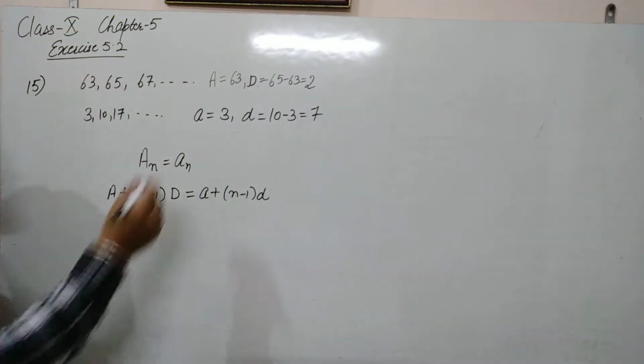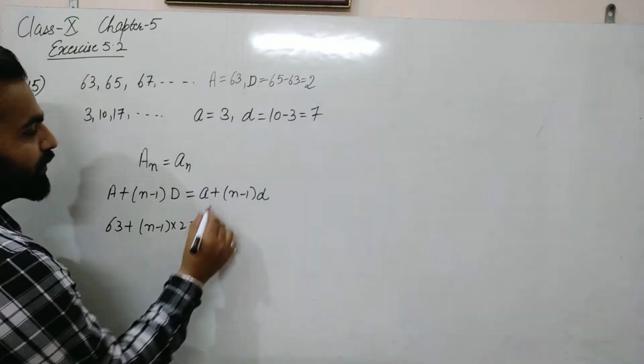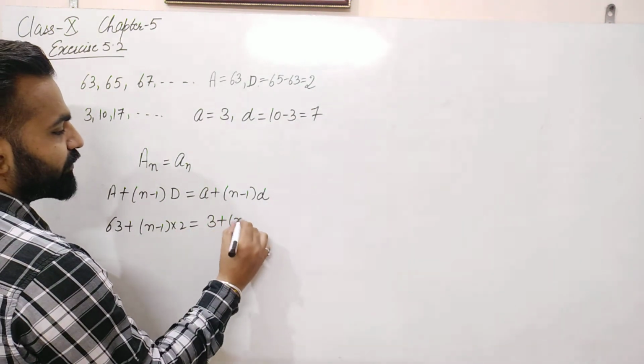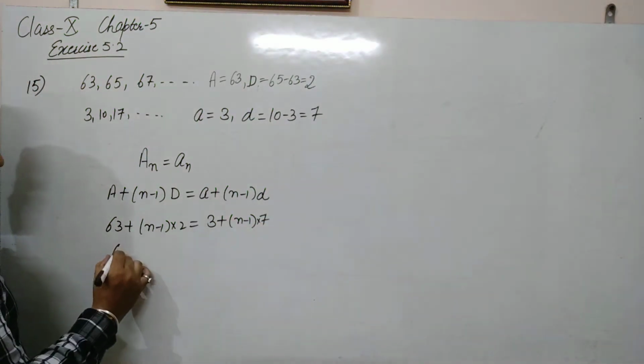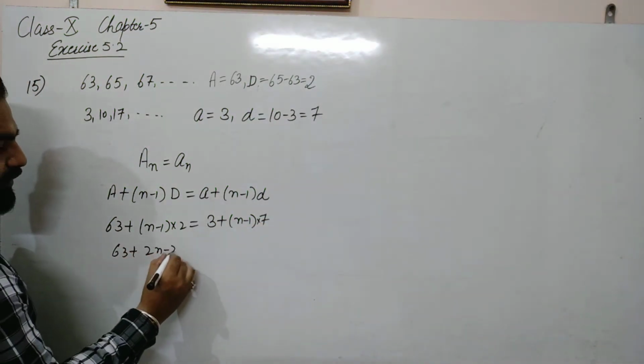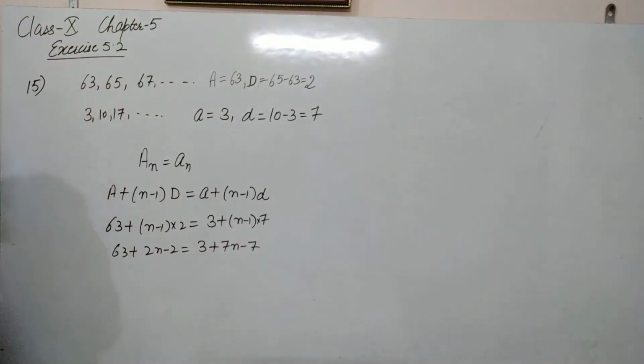Put the values here. 63 plus n minus 1 into 2, here 3 plus n minus 1 into 7. So this will be 63 plus 2n minus 2, this will be 3 plus 7n minus 7.